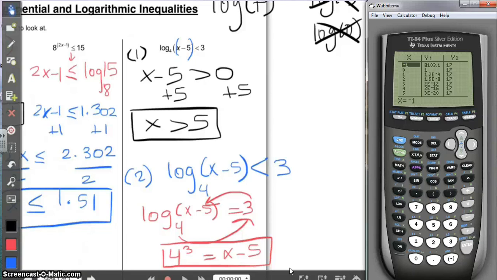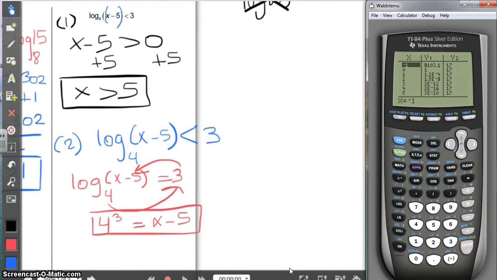Now remember that here's your x, so whatever x is, it should be on this side. So x minus 5 should be smaller than, and what did you get? 4 to the power 3, and it should be on this side. So first of all, change it to an equation, solve it, change it to exponential function.